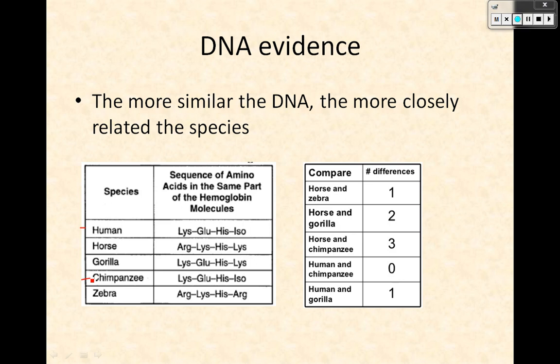And so we would say that those two organisms are going to be the most closely related of all of those. Then if you look at the human and gorilla, or the chimpanzee and gorilla, there is one difference between them. So instead of this isoleucine, maybe that's lysine. And so there's one difference.